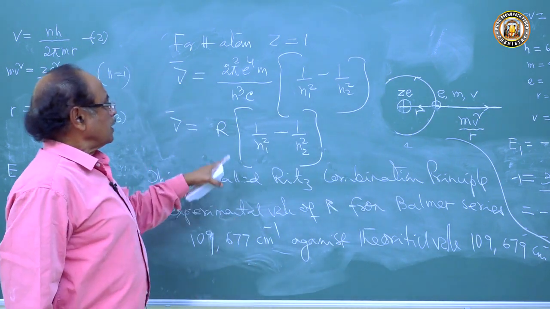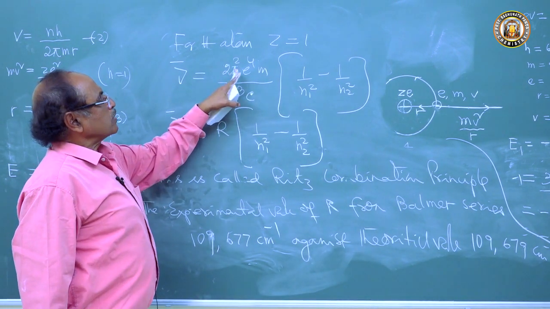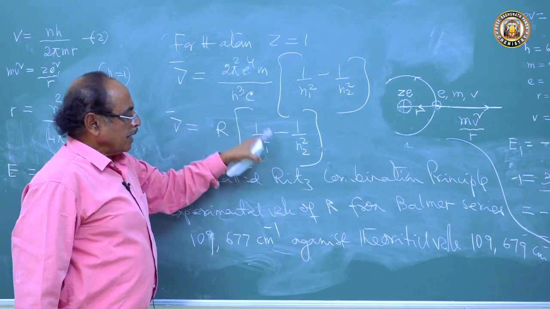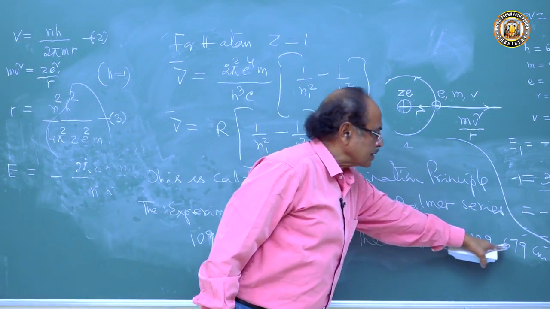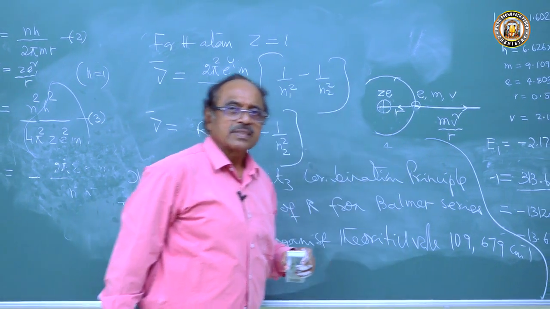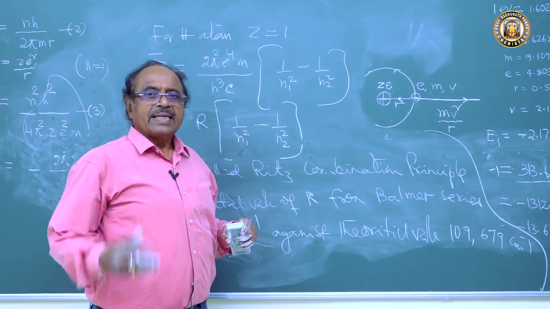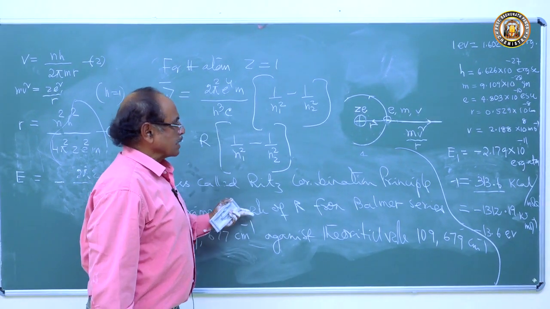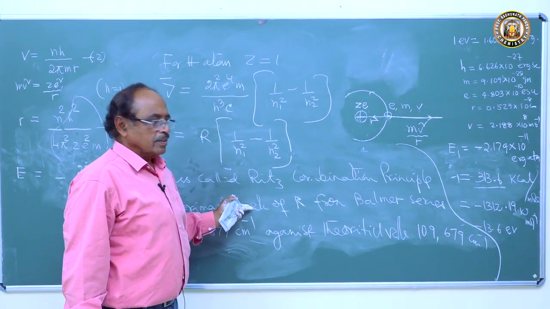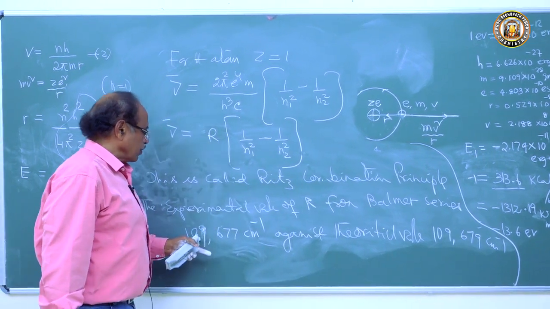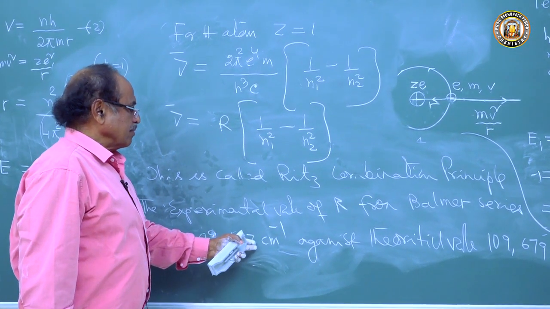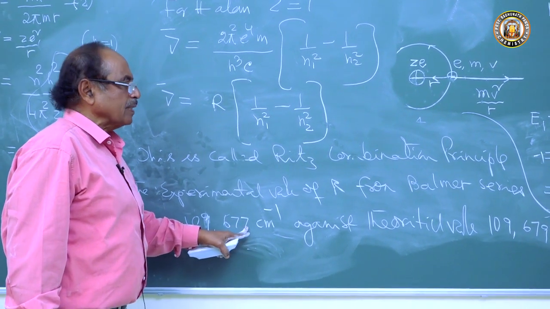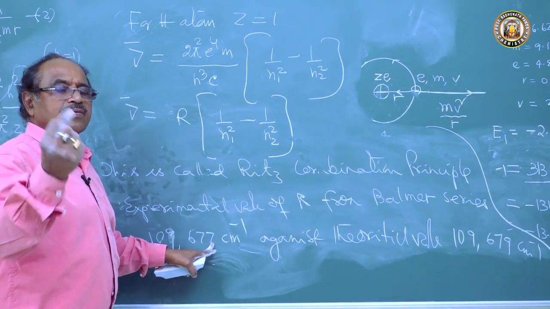So he calculated this value 2 pi square e fourth m by h cube c, put the values, and got 109,679 centimeter inverse. And he conducted an experiment and calculated the value of R from the Balmer series, and that is 109,677 centimeter inverse. What is the difference? Only in the sixth place you have a difference of 2.